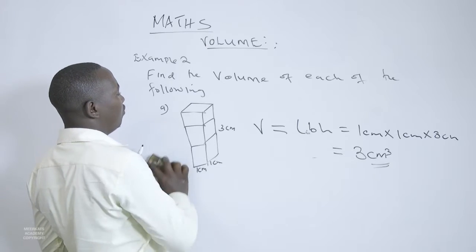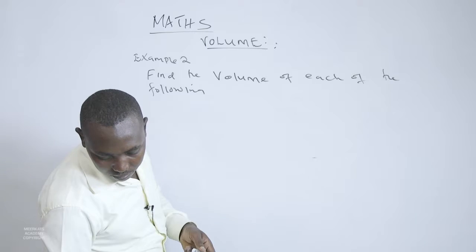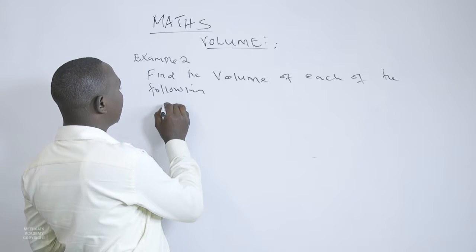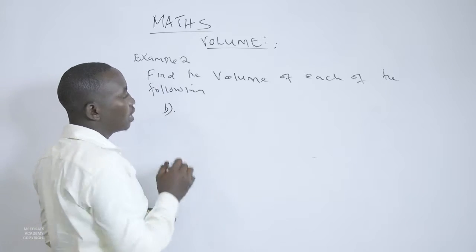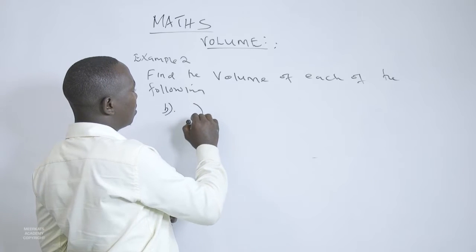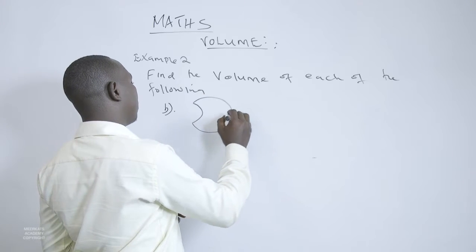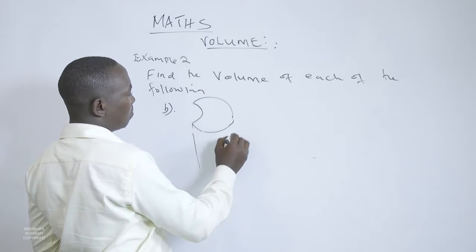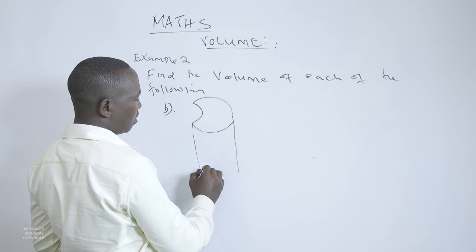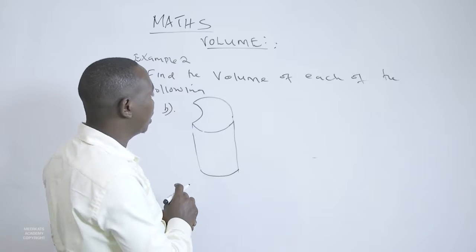Part B of the question. We have a figure that has a uniform cross-sectional area.